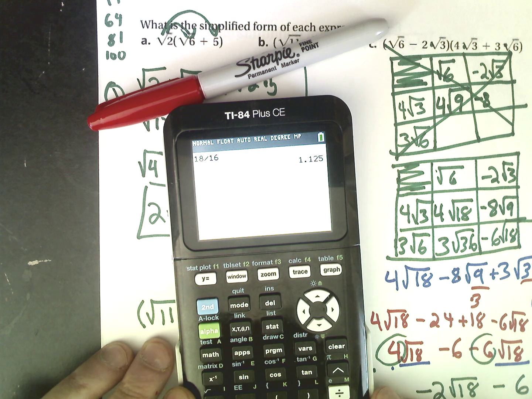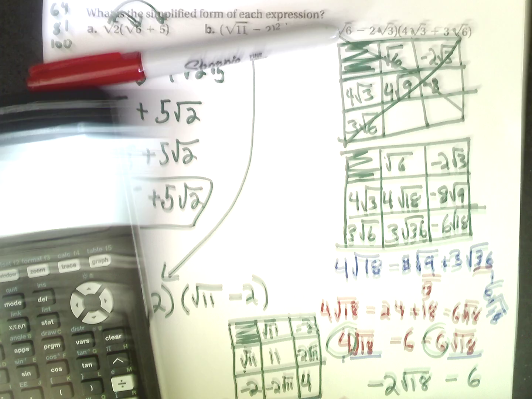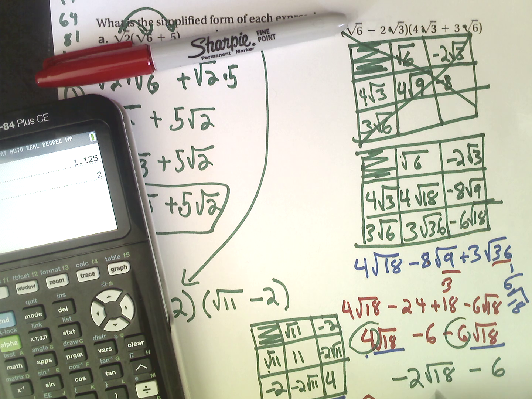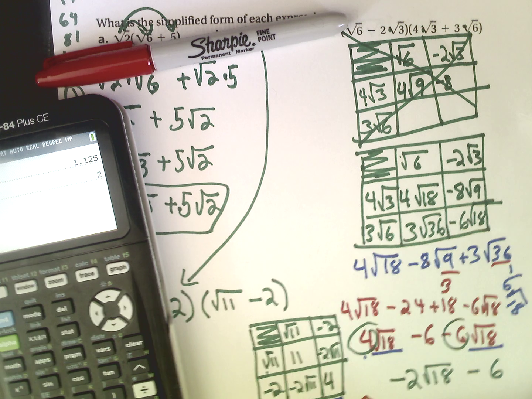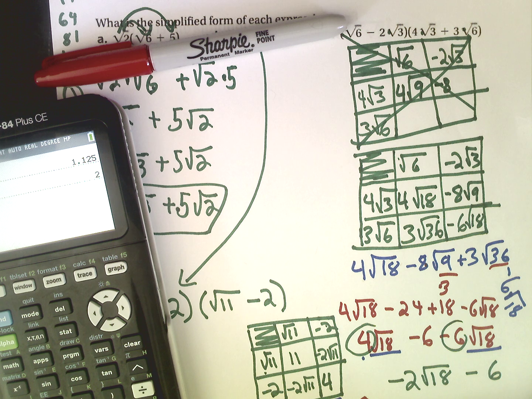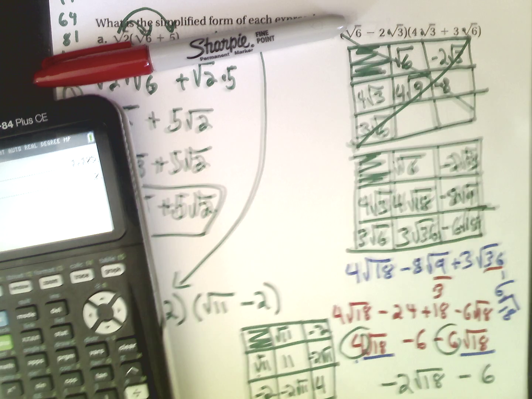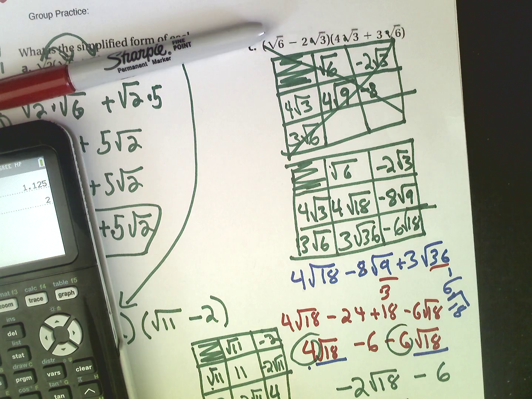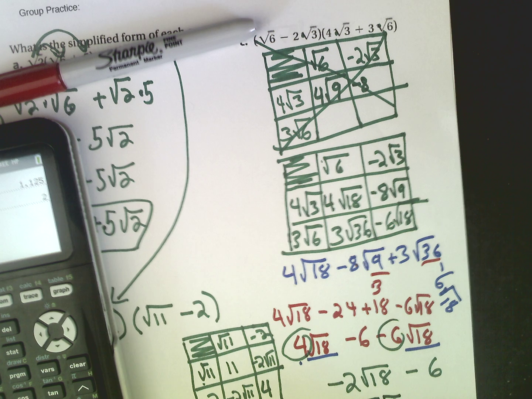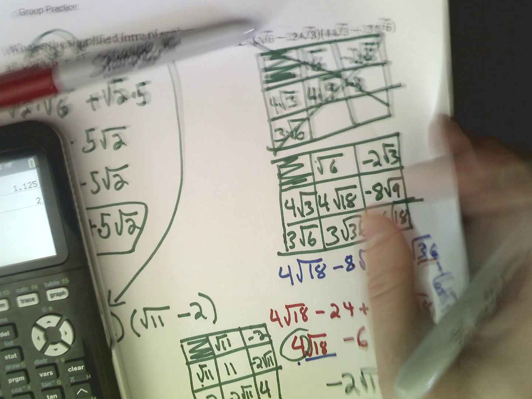Decimal. No good. 18 divided by 9. There we go. 9 and 2. So negative 2 square root of 18 is really negative 2 times the square root of 9 times the square root of 2. Minus 6, of course. I'm sorry.